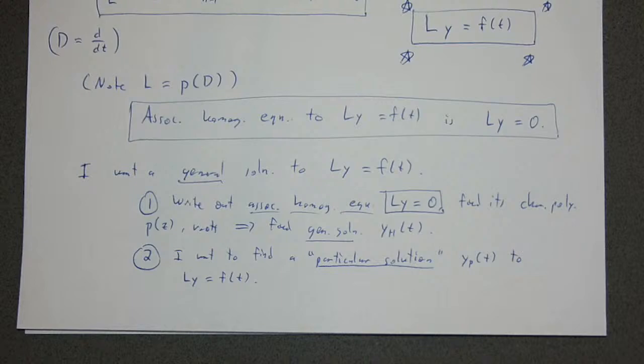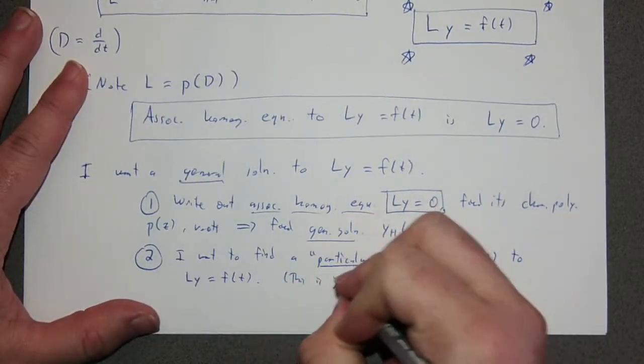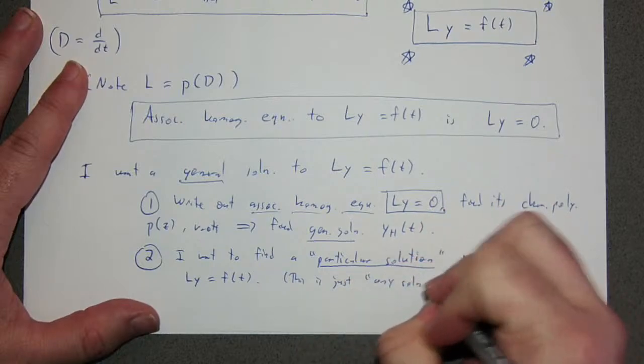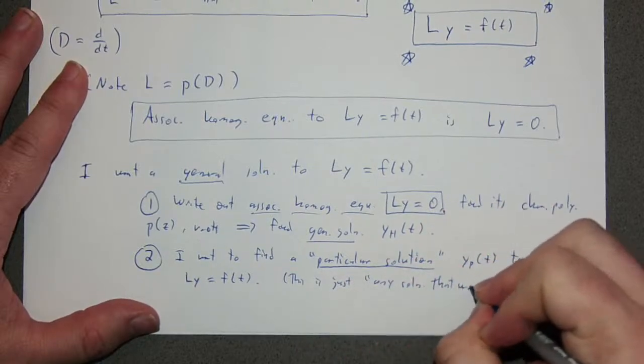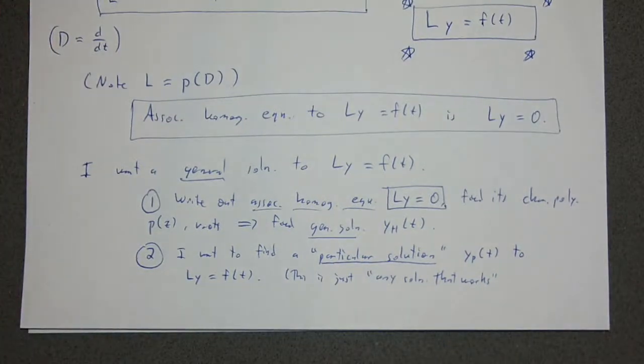It's just any solution that works. Now that might sound like we're not putting a lot of restrictions on this, but I assure you, this is the hardest part of this process. Finding the particular solution is where 95% of the work in this process goes.